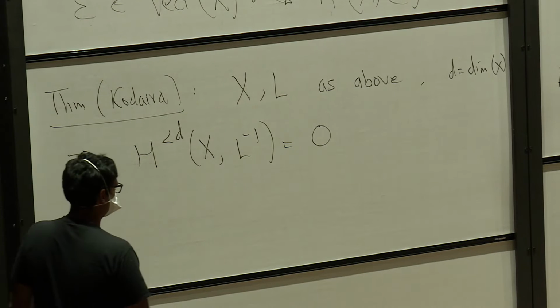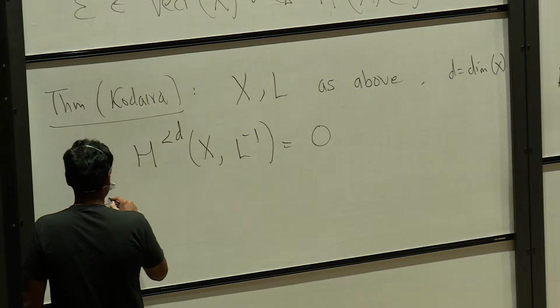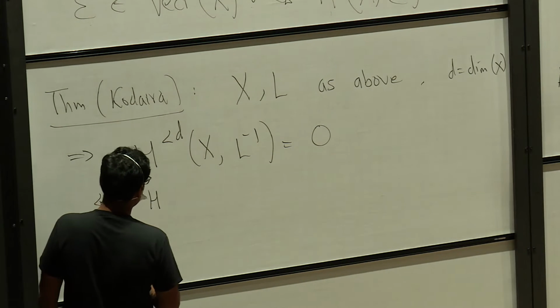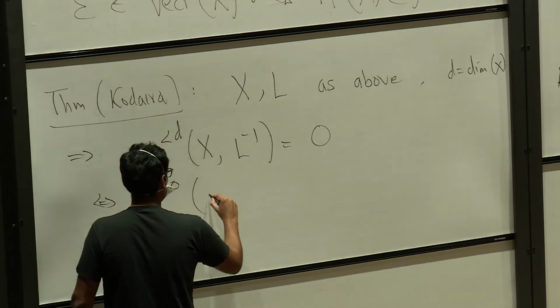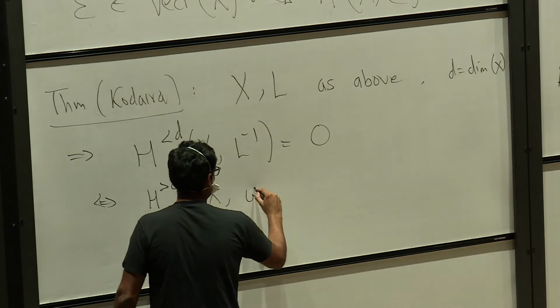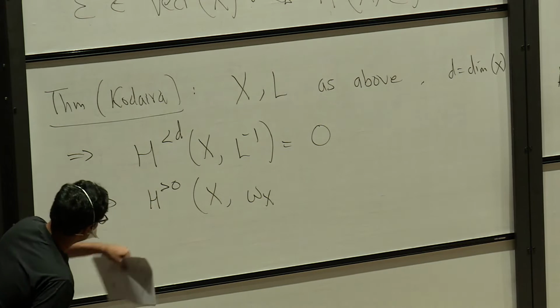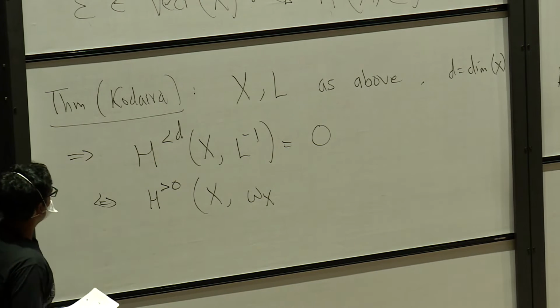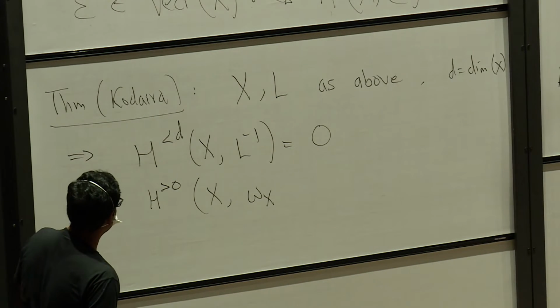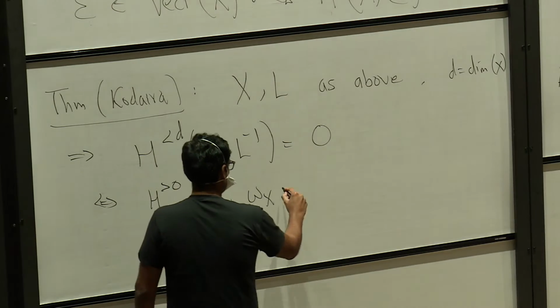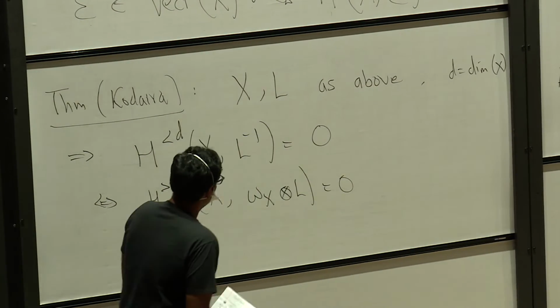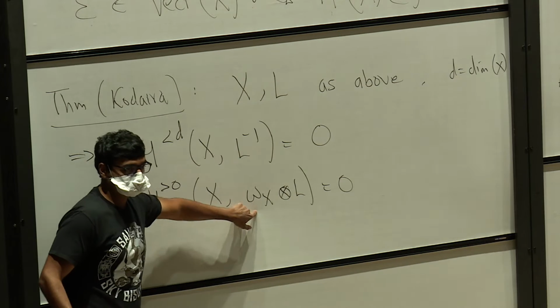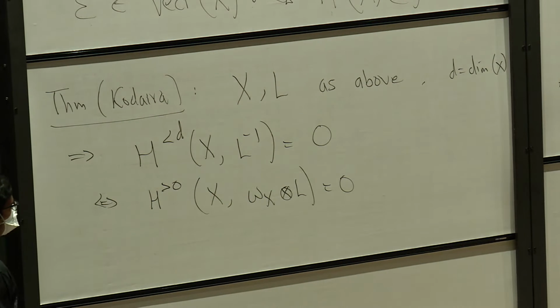And this is equivalent to a different statement. There's something called Serre duality, which allows you to formulate this slightly differently, which is the cohomology in positive degrees now, because duality switches i with d minus i, of omega_X tensor L is 0, where omega is the canonical bundle, so it's the bundle of top forms on your variety.